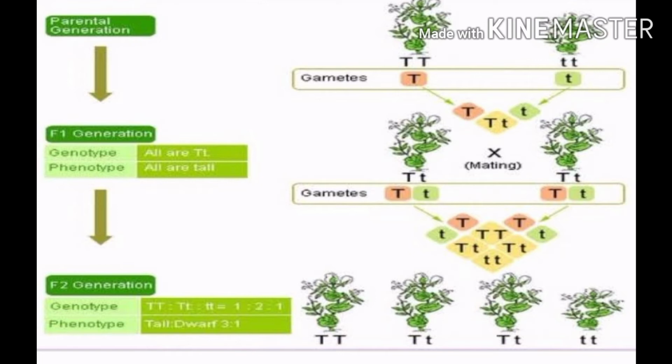They appear to be tall. That is their phenotype. While in the F2 generation, the phenotype ratio is 3 is to 1. That is, out of 4 plants, 3 plants appear to be tall while 1 plant appears to be short.